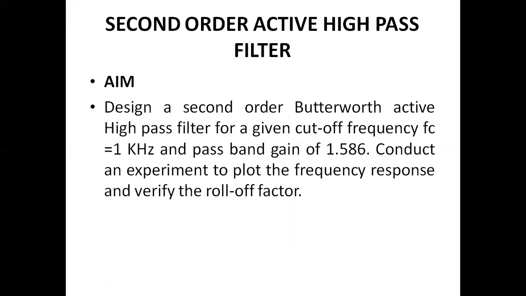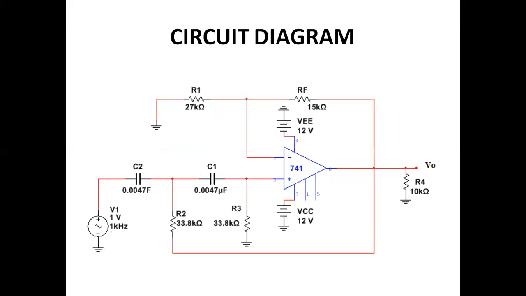Similarly, for the high pass filter, you have to design the circuit. The only change you can see here is that the capacitor and resistor positions are interchanged. Why? Because in a high pass filter, at low frequency we should reject the signal. At low frequency, this capacitor gives a high impedance, so very little signal goes to the op-amp.